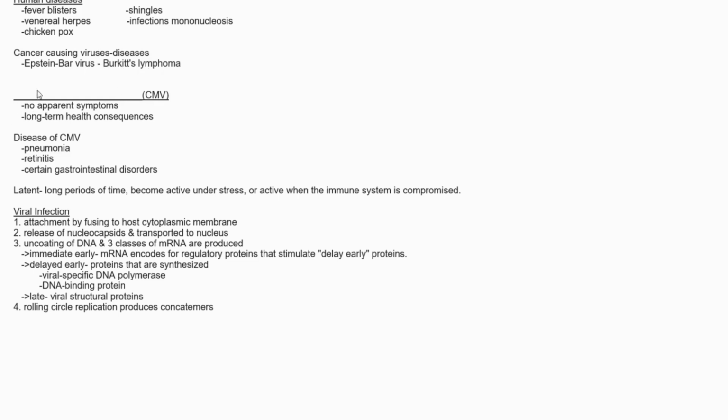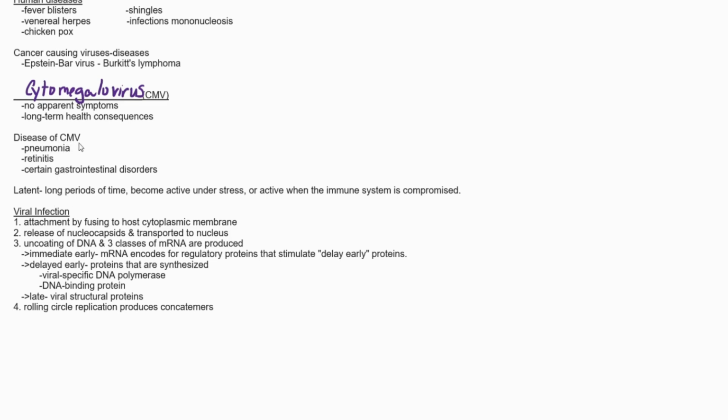Our next virus is cytomegalovirus. There are no apparent symptoms, and they have long-term health consequences. The diseases associated with CMV are pneumonia, retinitis, and certain gastrointestinal disorders.